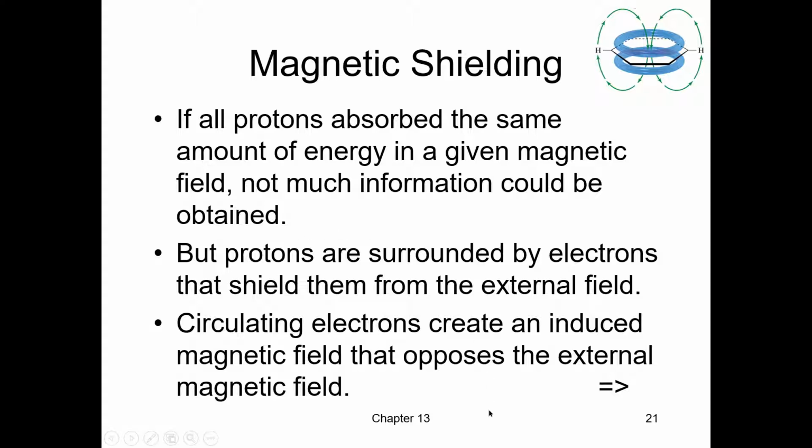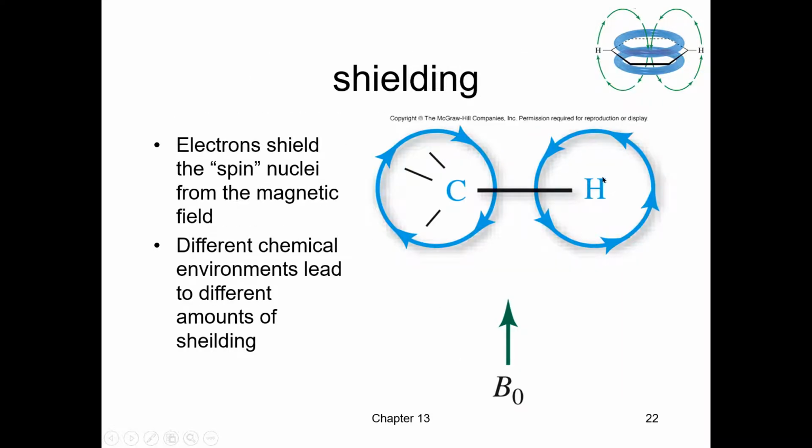Therefore, circulating electrons create an induced magnetic field, and this will change the total magnetic field that is experienced by the proton. This phenomenon is called shielding.